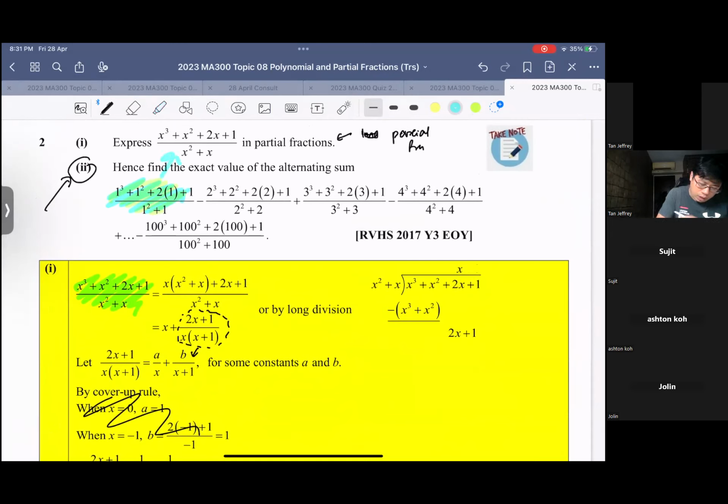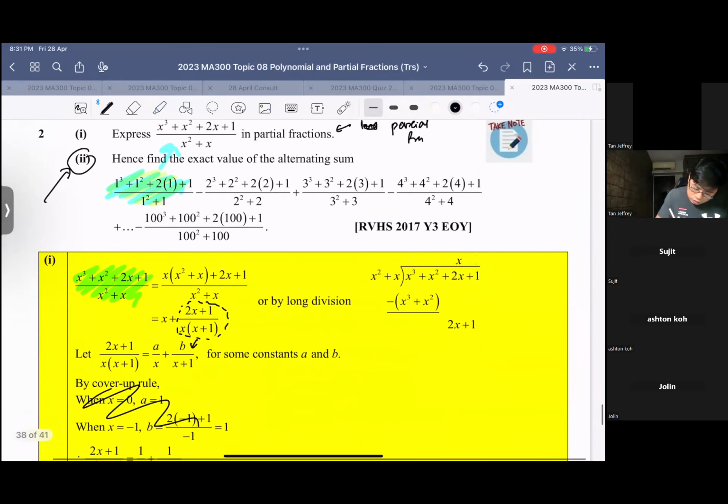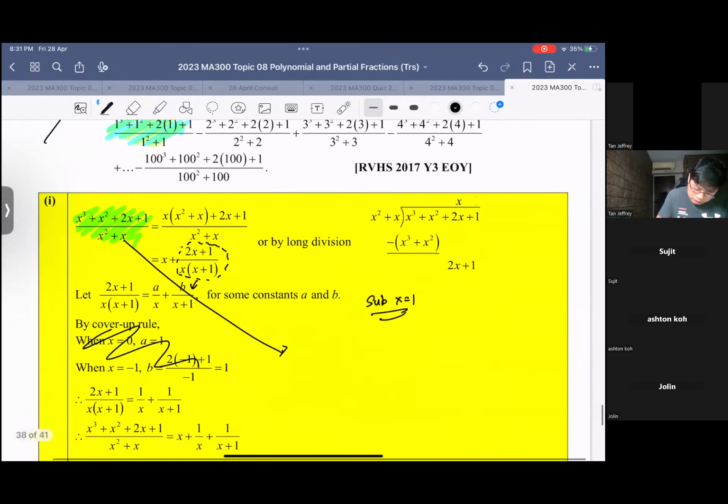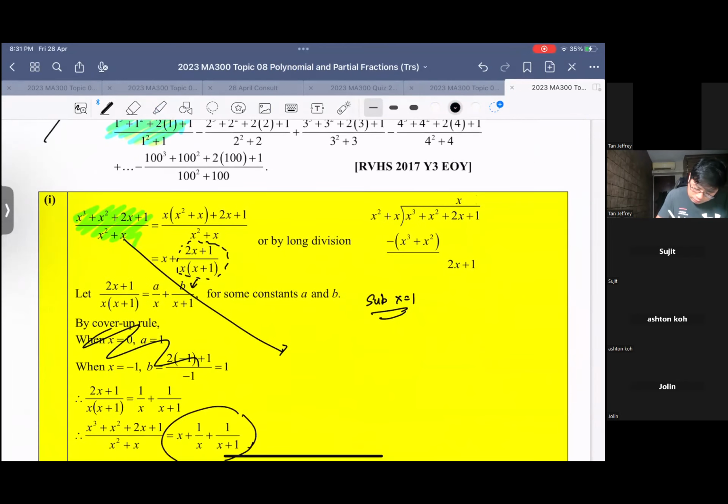This is the case where, if you sub x as 1, then this guy basically can be written using this format: 1 plus 1 over 1 plus 1 over x plus 1. Can I say that? Yes.